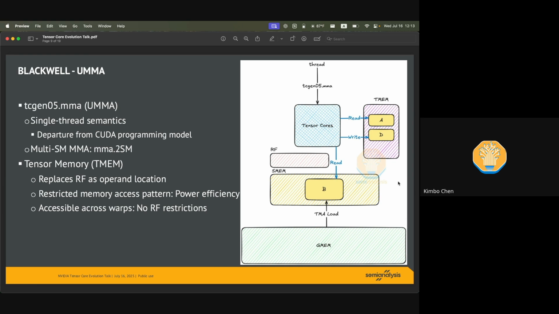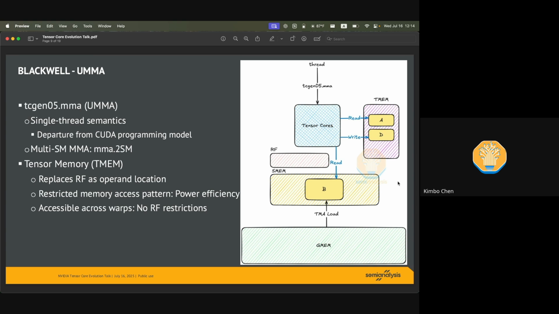Another big difference in the Blackwell architecture is the tensor memory, also known as TMEM. TMEM is a memory component within an SM that is dedicated for tensor core operations. It replaces register files as an operand location.